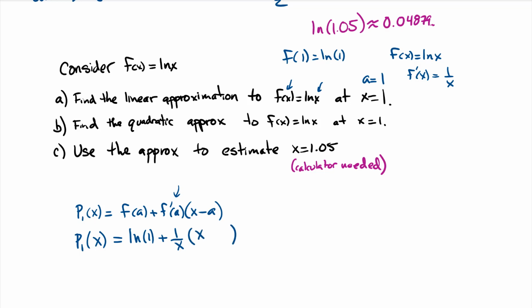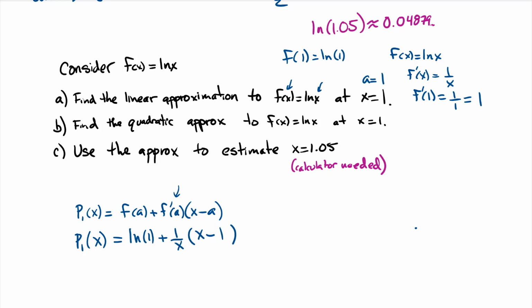Now we have x minus our a value. Our a value is 1. And there is a linear approximation. But we can do more work here. Now, I wrote it in wrong. I wrote in f prime of x. Shoot. I need f prime of a. What's a? Isn't that 1? So isn't this 1 over 1, which is equal to 1?